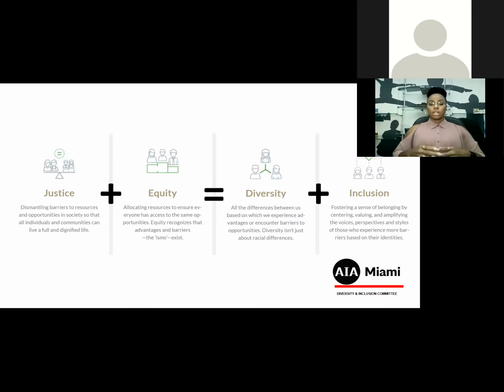So when we think of justice and equity, we need to understand that these 2 items, when we have justice, when we remove barriers, when we are equitable and allocate based on the needs of each individual, we achieve diversity in the workplace, different cultures, and we also achieve inclusion.